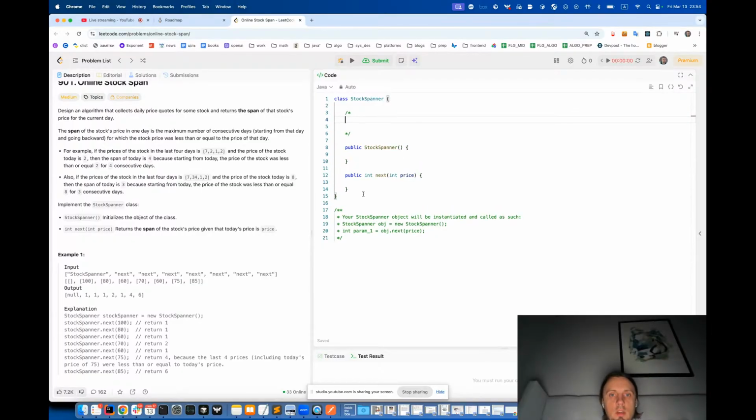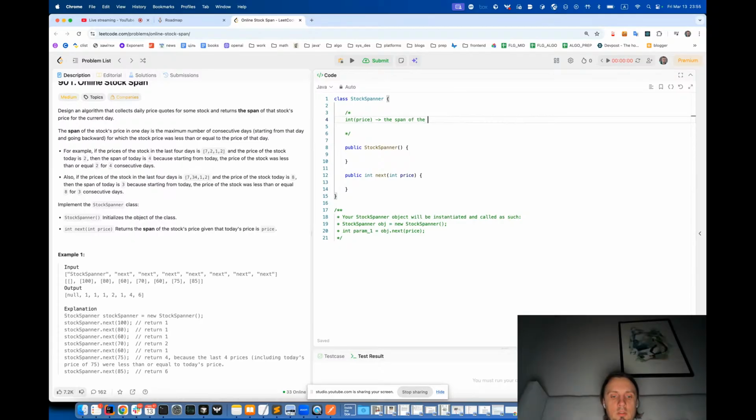So we have function next, where we get some int price, and we should return the span of the stock's price.